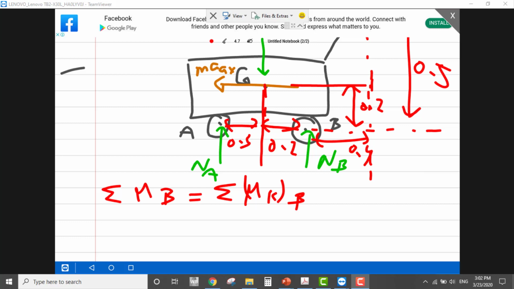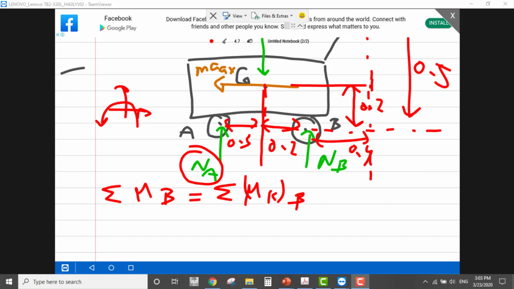Now the forces that will do moment about B will start with normal force, and remember that those are the positive directions. So reaction A will do clockwise if you use your right hand rule. Put your hand on the vertical distance 0.2, 0.3, and curl your fingers with the normal reaction.